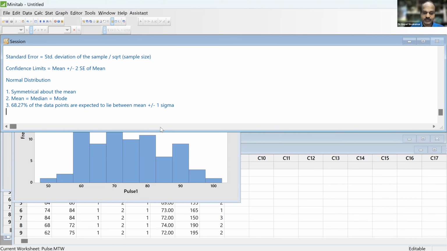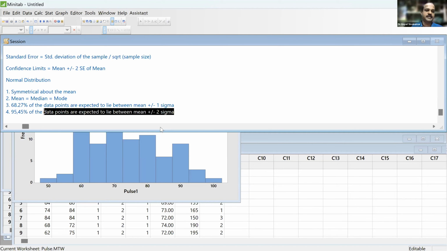Now, 95.45% of the data points are expected to lie between mean plus or minus 2 sigma.